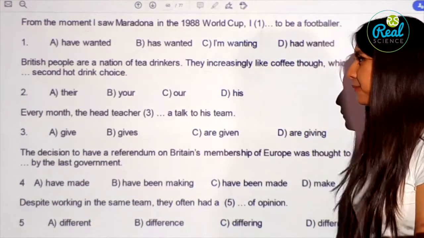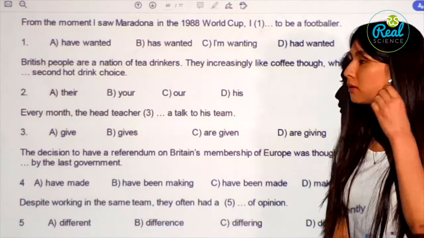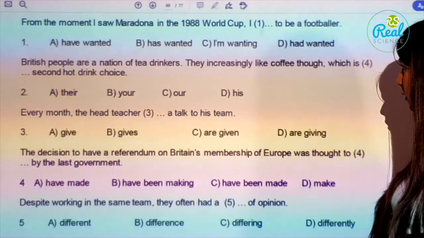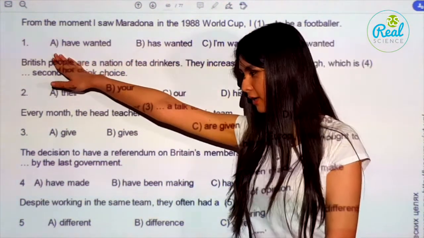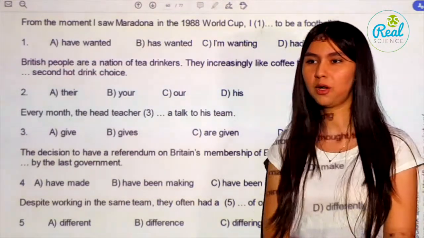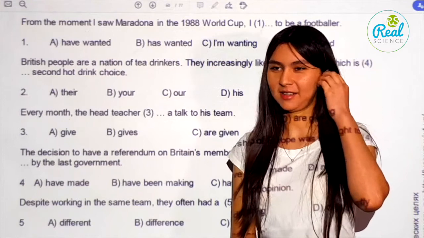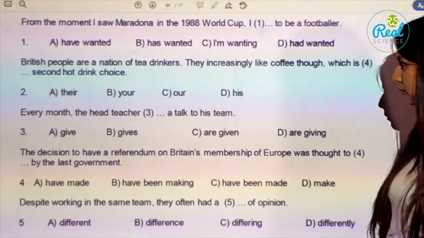From the moment I saw Maradona in the 1988 World Cup, I have wanted to be a footballer. Very good. The best option here is "I have wanted", A1. Good. So second one. Any volunteers? Aziza, we have here Aziza. Can you read? British people are a nation of tea drinkers.